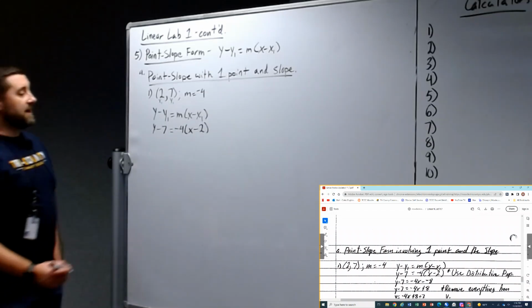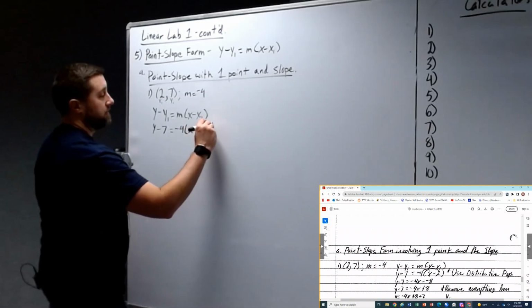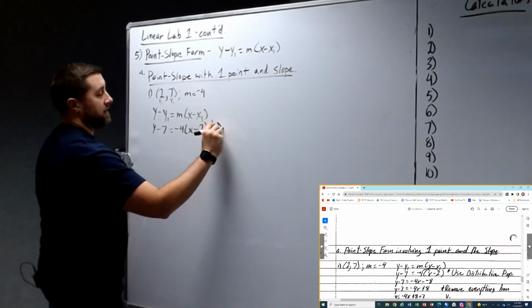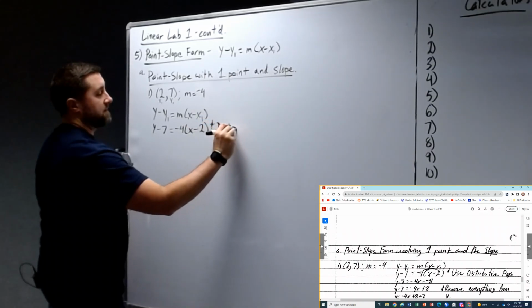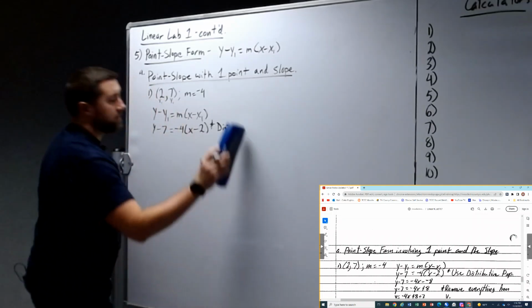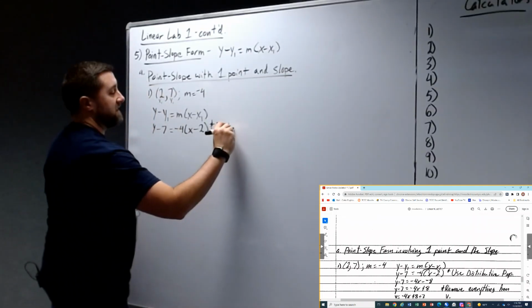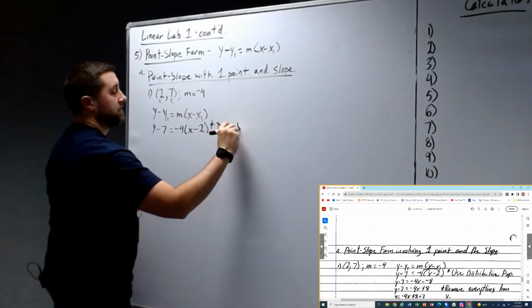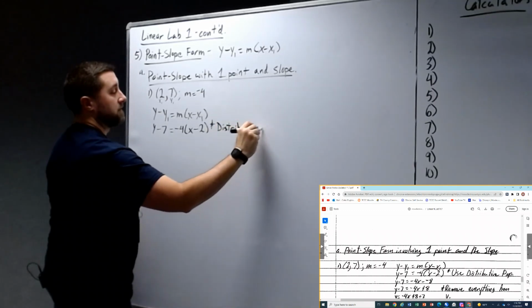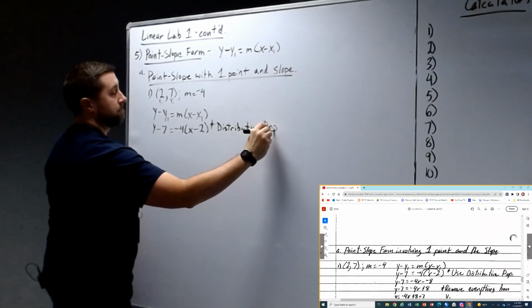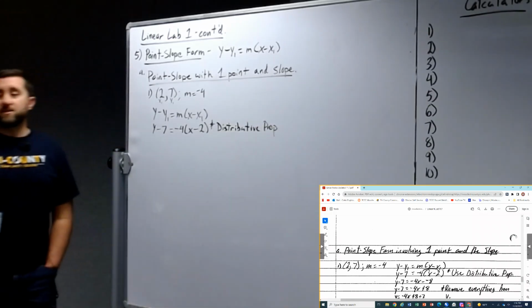Now when you get to this part, this is where you're going to lean back on something that you've probably not used in quite some time, which is the distributive property. Remember the distributive property?